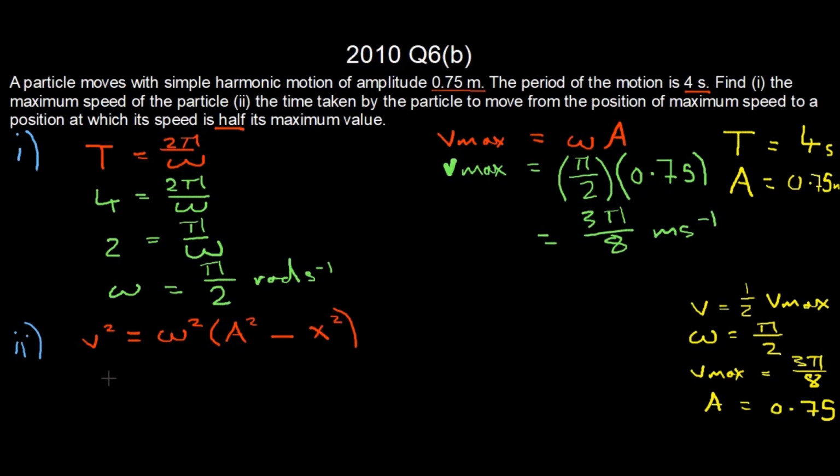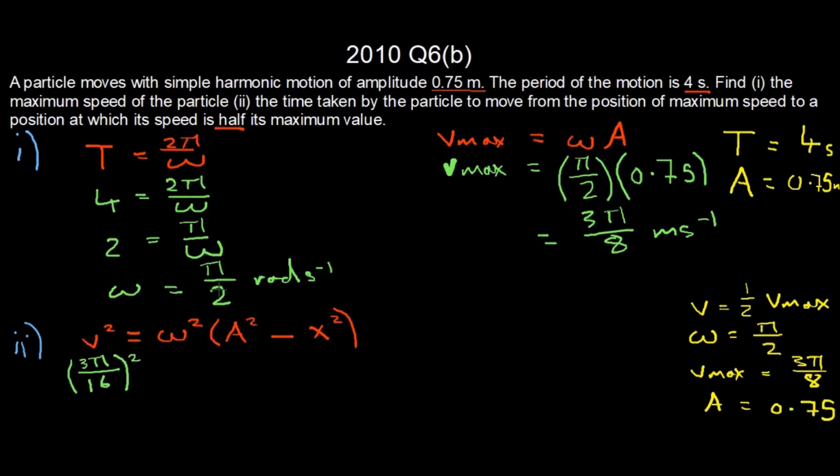For v, I can fill in half of Vmax, which would be 3 pi over 16, to be squared. Now, this is 3 pi over 16 because Vmax is 3 pi over 8, and the velocity we're looking for is half of Vmax. So half of 3 pi over 8 is 3 pi over 16. So what we have here is half of Vmax.